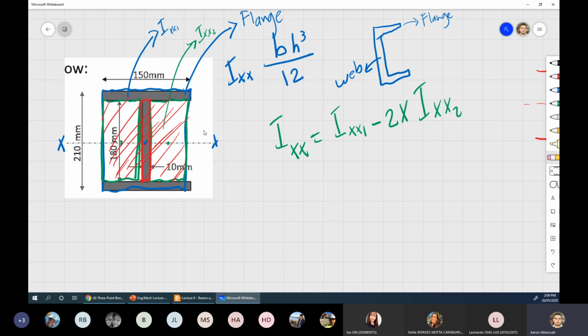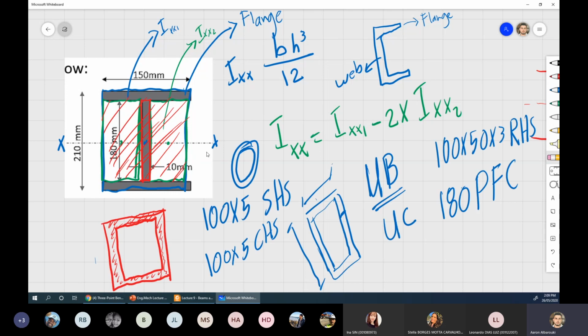So if I am looking at this cross section, the square hollow section, let's keep those back. If I need to calculate the moment of inertia for a square hollow section or rectangular hollow section, I can use the same exact method. I can take the outer rectangle, which is the centroid here, minus the inner rectangle, which is the centroid here.